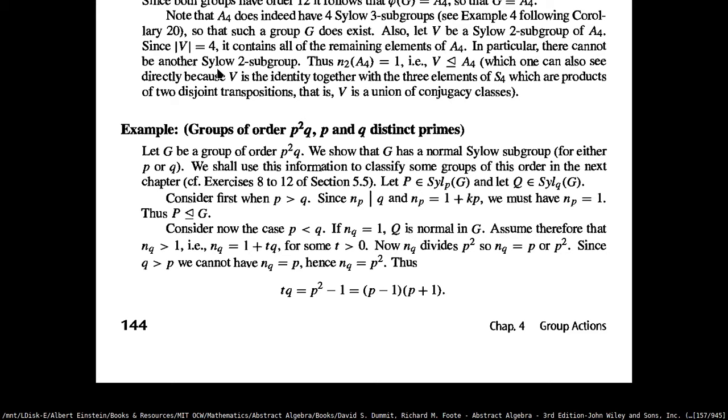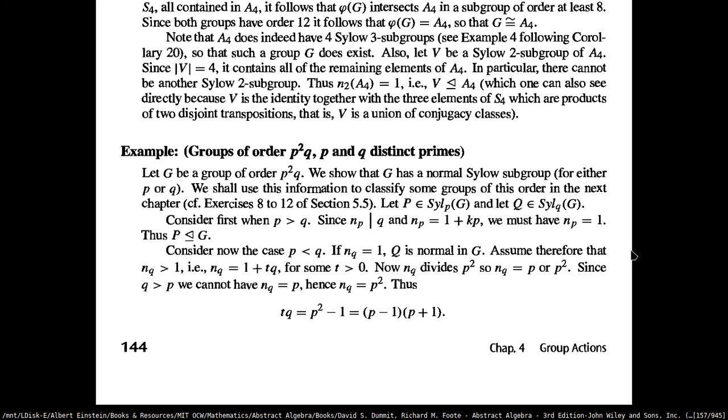Right, but he decides that you don't necessarily have to go to 3. He says if your N_Q is greater than 1, notice right there, it says N_Q is either P or P squared. So that was the 3 and the 9 that we were just considering. Ooh, look at that.